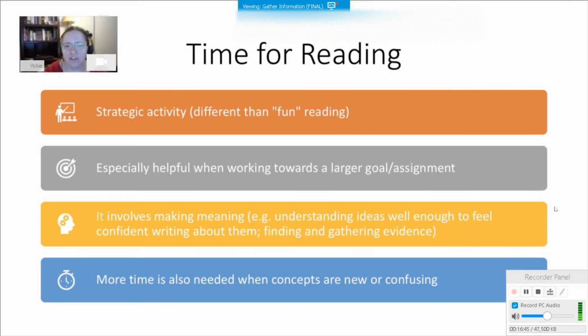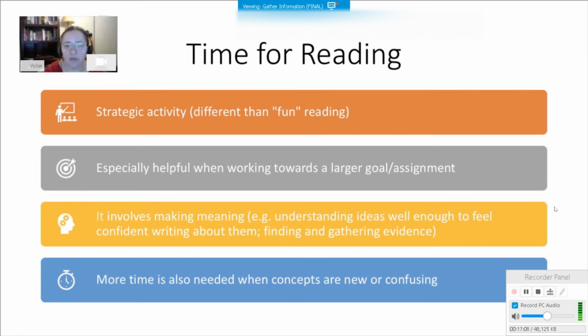This is not because you are not smart enough to understand, but because reading these new types of sources is a learning process. There may be concepts you haven't seen before or a writing style that's not familiar to you. It may take longer to read something that looks so different.